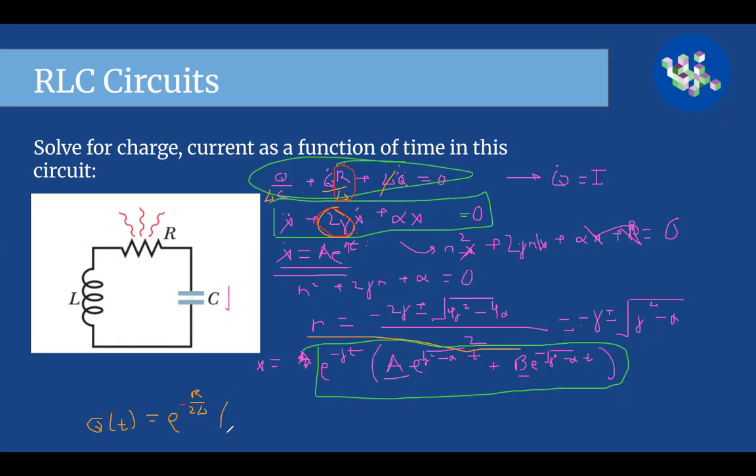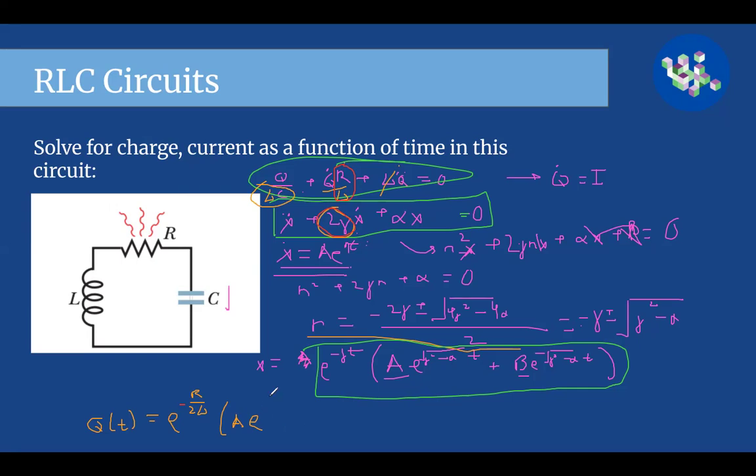And then inside will be some a times e to the square root of gamma squared minus alpha. What's my alpha here? Remember, my alpha matched with this term over here, so my alpha will be 1 over LC, right?